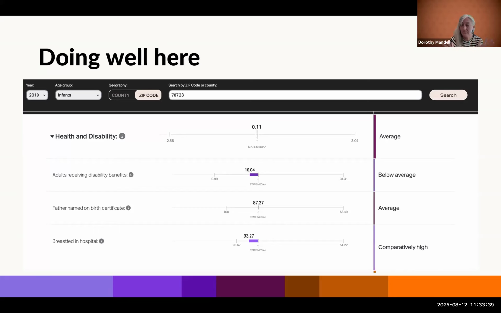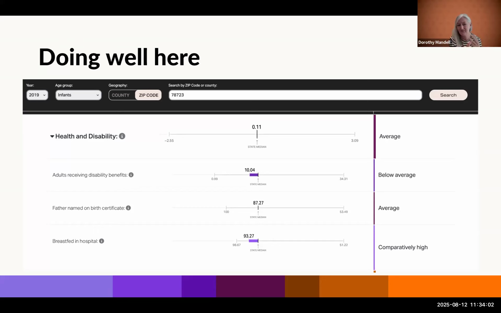We know from lots of literature that having a high concentration of families where the father is not named on the birth certificate also imparts risk within that community. And also low breastfeeding rates in the hospital. Here, we see that this community is actually doing pretty well when it comes to all of this. It's below average.